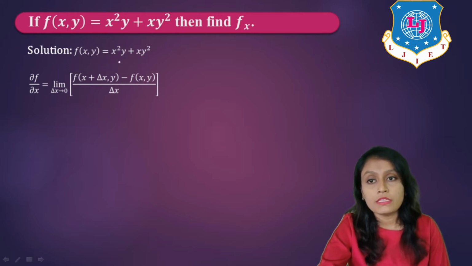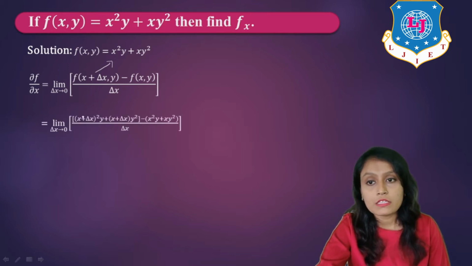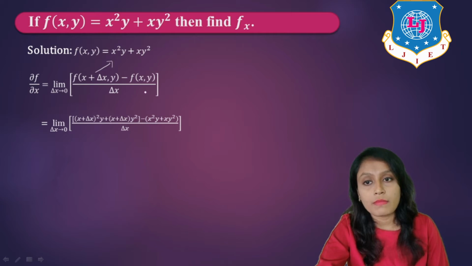In this function, in place of x we will write x plus delta x, and y we will keep as it is, minus this function f of xy, upon delta x. So substitute: x plus delta x whole square into y plus x plus delta x into y square minus f of xy, upon delta x.